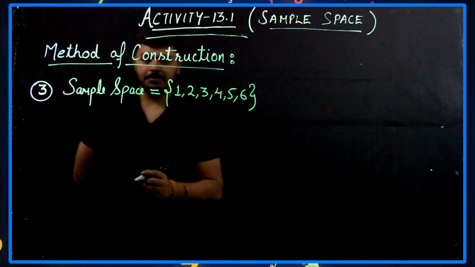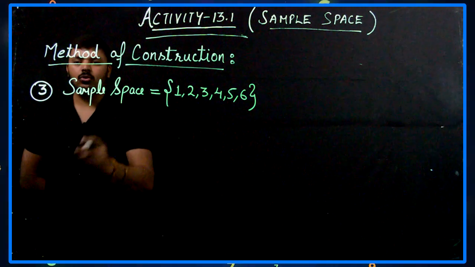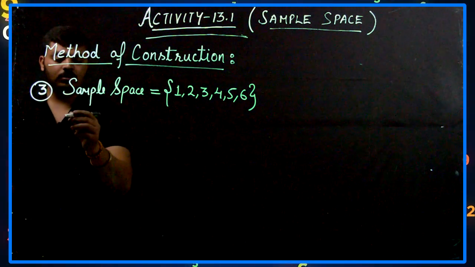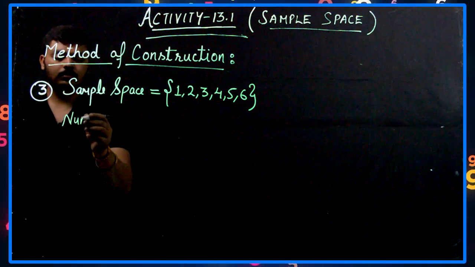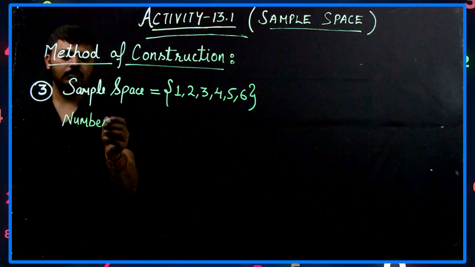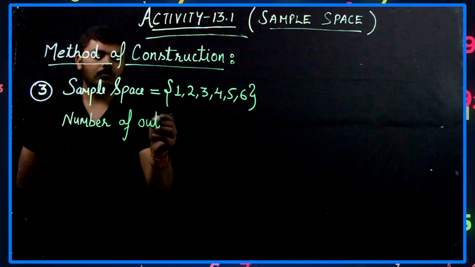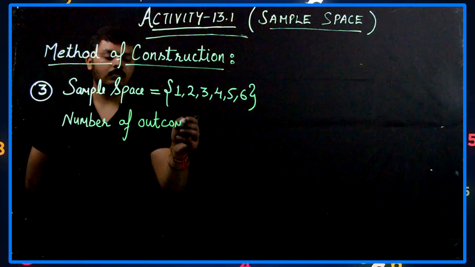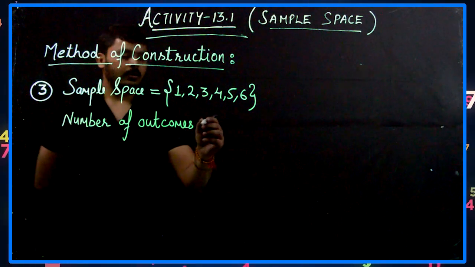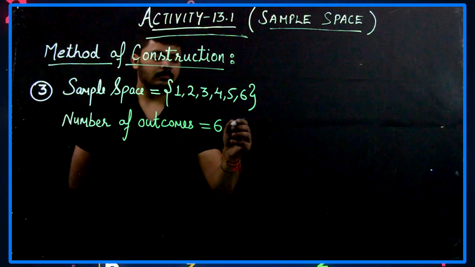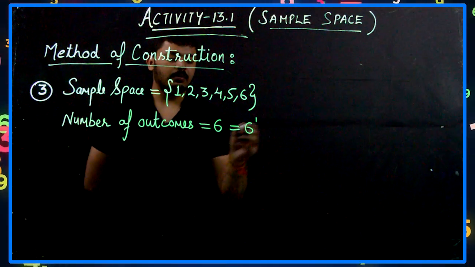So this is the sample space when the die is tossed once. So the number of outcomes is equal to 6, that is 6 to the power 1.